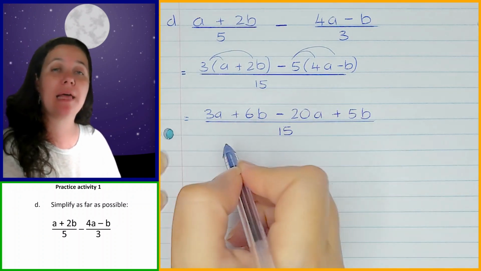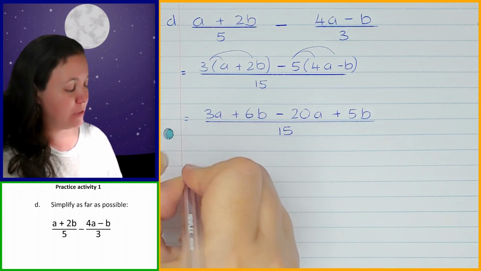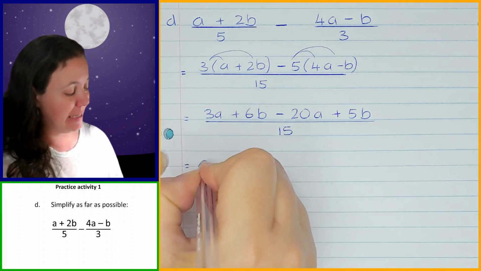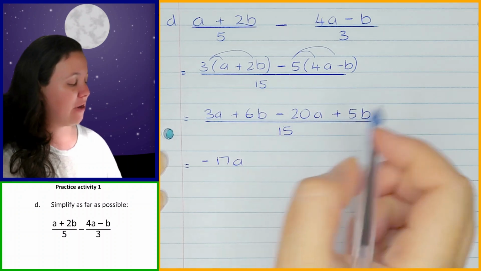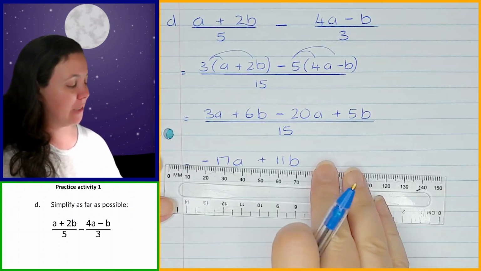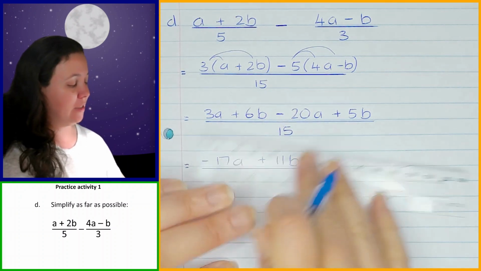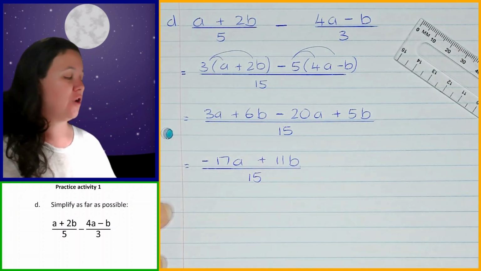Right, once I've done that, I now need to go and simplify by combining my like terms. So I'm first going to look at my a's. I've got 3a minus 20a, that's negative 17a, and then 6b plus 5b is plus 11b, and that goes over 15. Okay, and now I've reached the point where I can't do anything else, so it is simplified as far as possible. So that's what you should have got for question D.